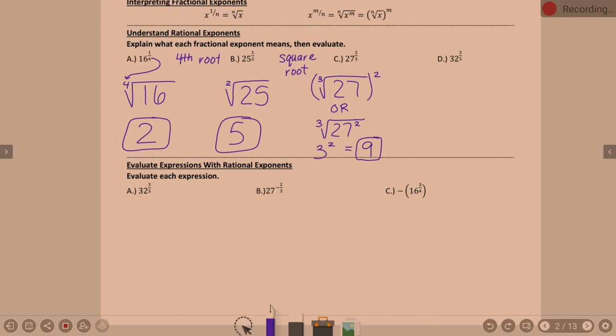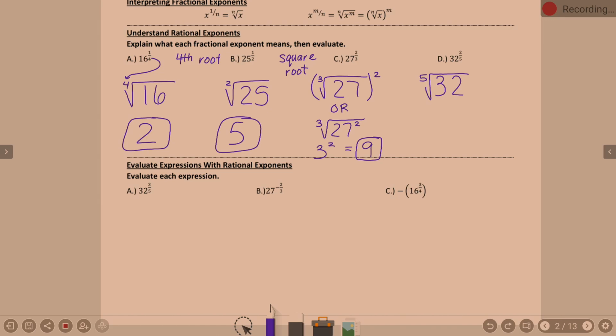Okay, one more. 32 to the 2/5. If you got this straight in your head what this means, I'll give you the hint. Where does the 5 go? The 5 is the outside. 5th root, to the power of 2.